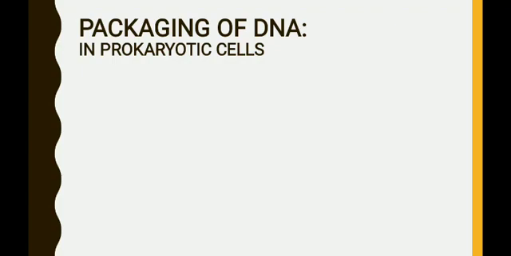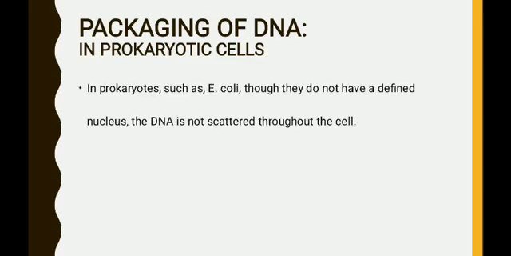Let me explain the packaging of DNA in prokaryotic cells at the beginning. See, in prokaryotes, the DNA molecules are located in the cytoplasm. There is no nucleus in prokaryotes. There is a naked DNA that is called nucleoid. In prokaryotes such as Escherichia coli, though they do not have a defined nucleus, the DNA is not scattered throughout the cell.